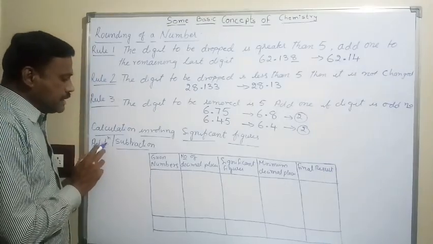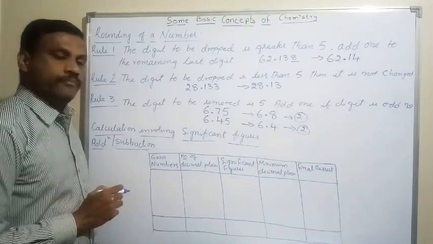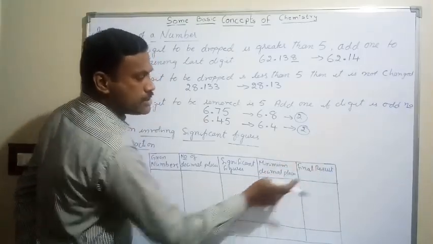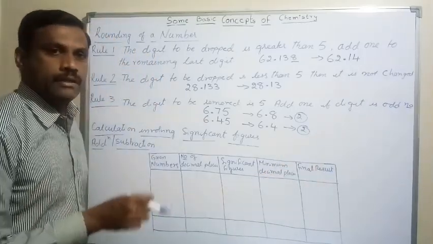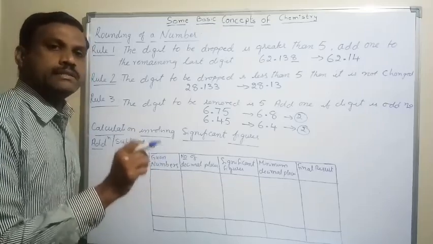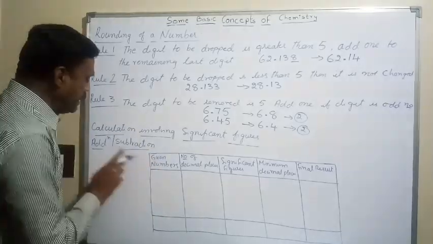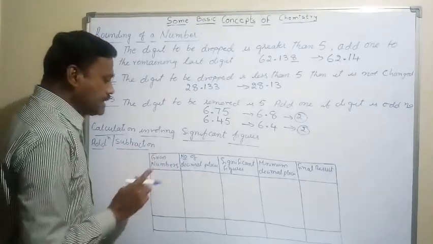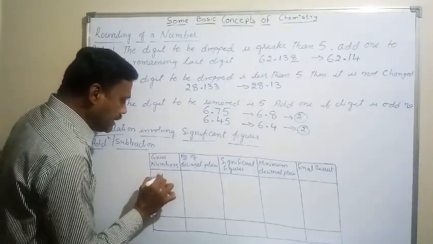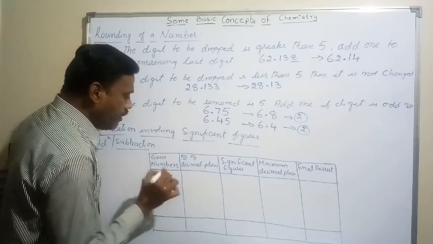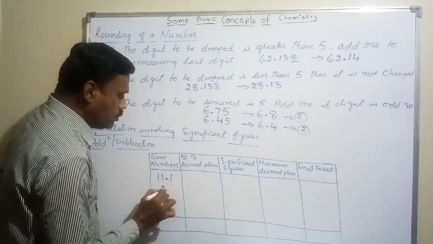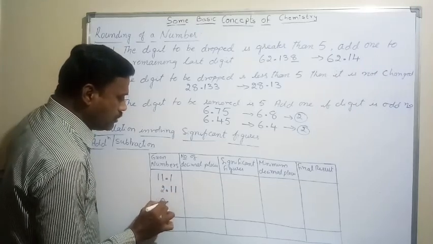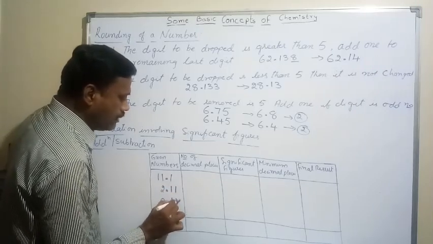In case of addition and subtraction, the final result or the final answer has to be reported with the least decimal place, whether it is addition or subtraction. For an example, let us take 11.1, 2.11 and 0.111.